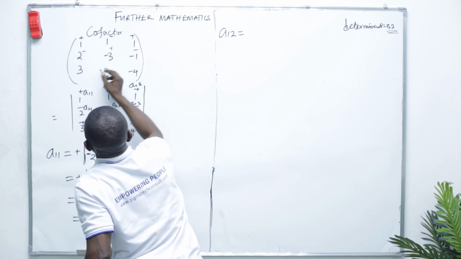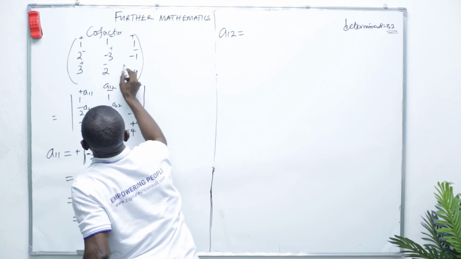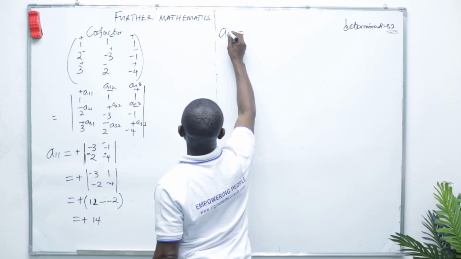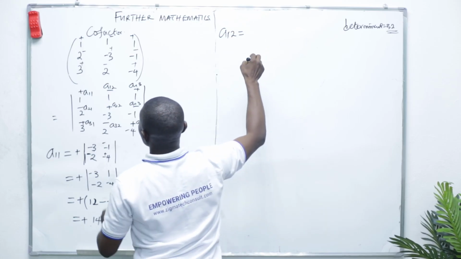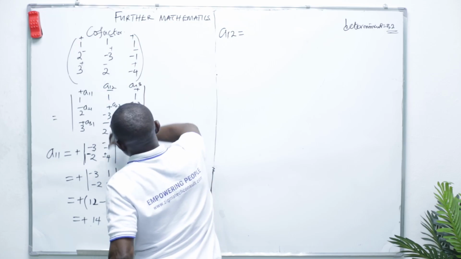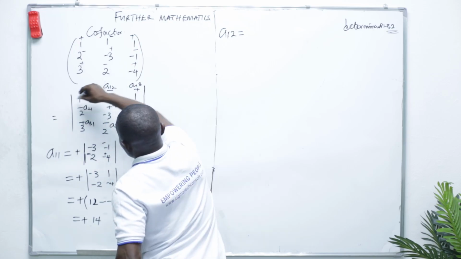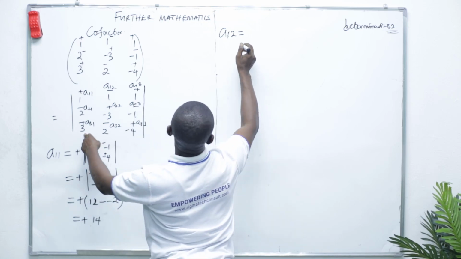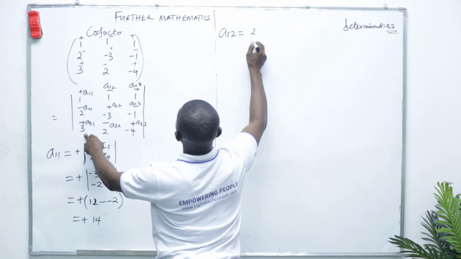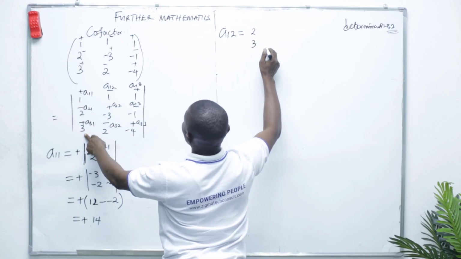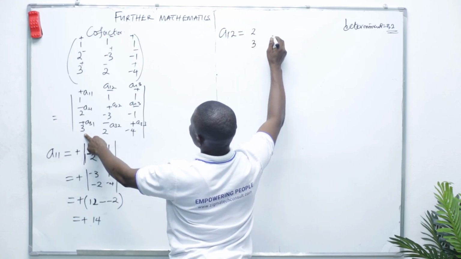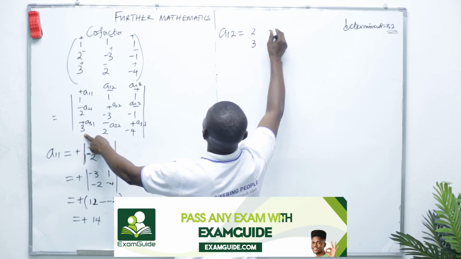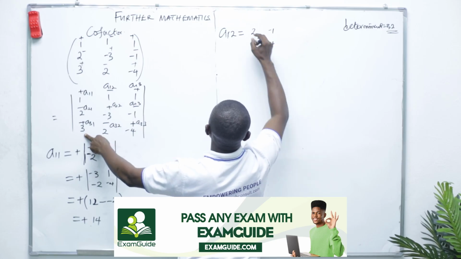For A12, this place and this place, here and here, I'll be having 2, 3, then minus 1, minus 4.